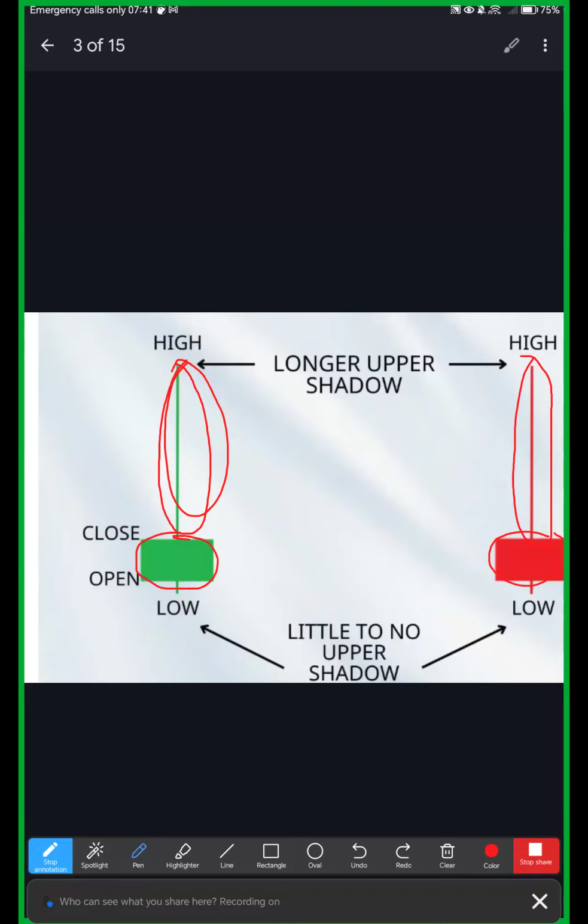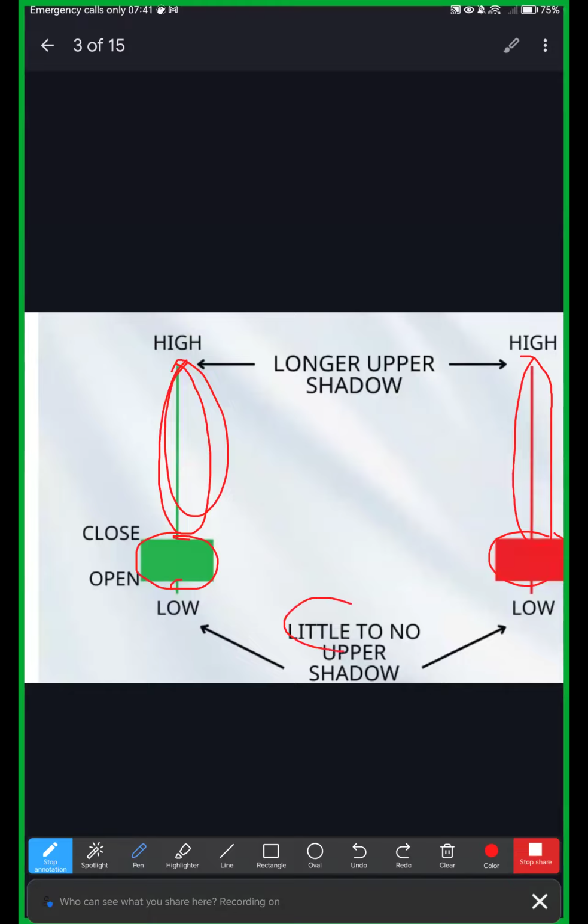So the shooting star is the opposite version of a hammer, flipped upside down. This is how the shooting star looks, the bearish version of a hammer. You can see there is a small shadow here. Sometimes there is no shadow at all.